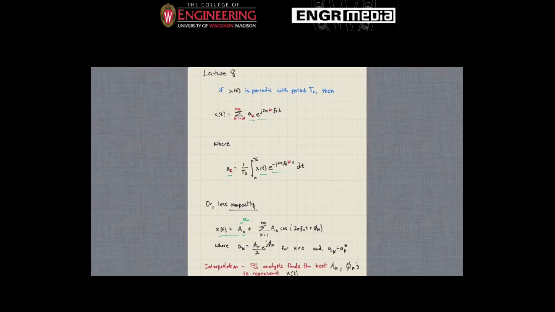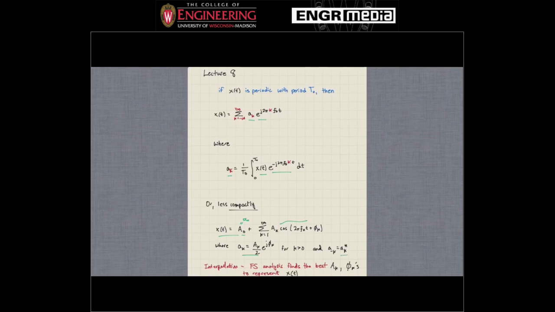Of course we could just expand this using Euler's identity, and then we'd realize that the lowercase a's and the capital A's are related simply by this equation here. I've written it for k greater than 0, and for the negative k's, those are just equal to the complex conjugate of the positive k's.